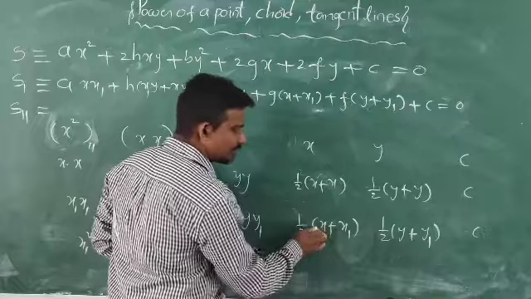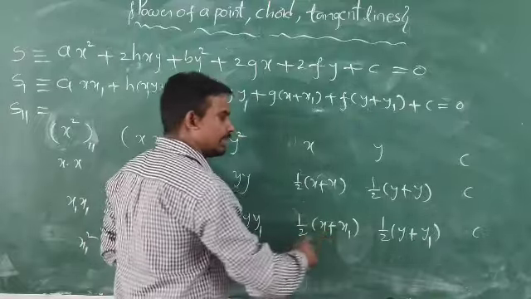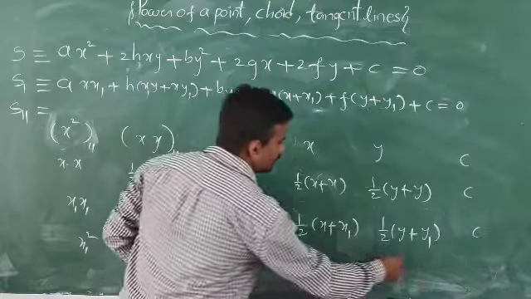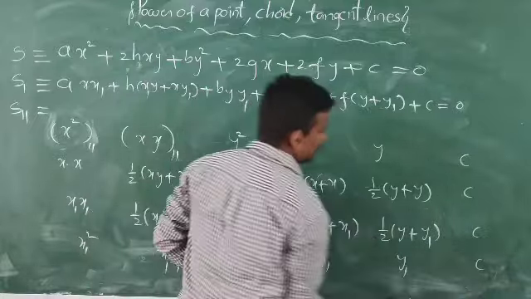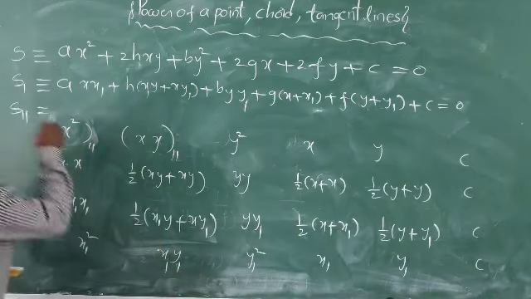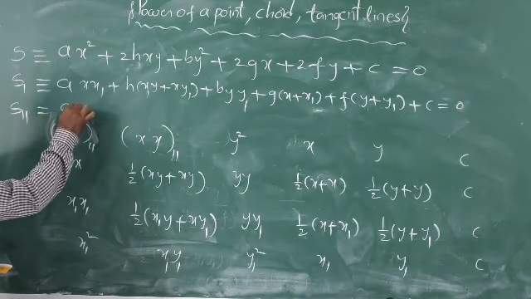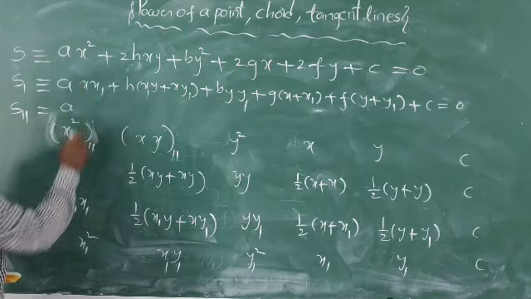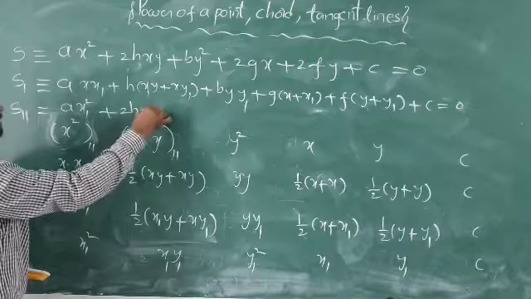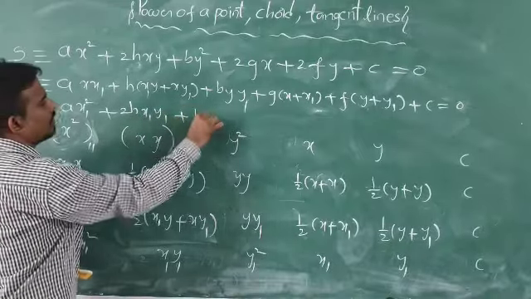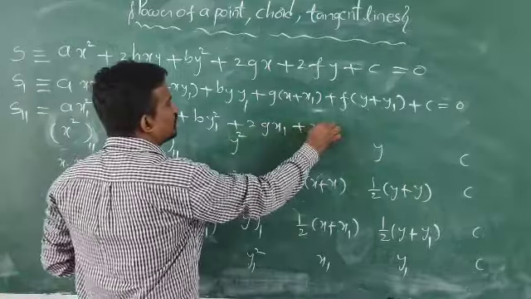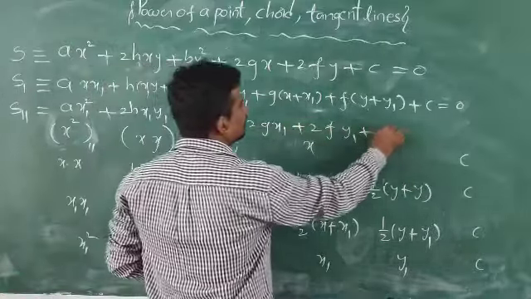So S11 is a x1 square plus 2h x1 y1 plus b y1 square plus 2g x1 plus 2f y1 plus c.